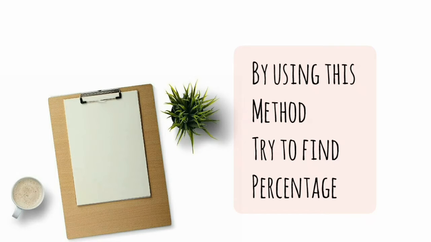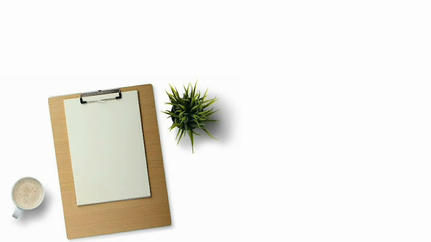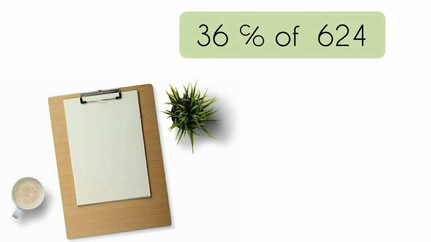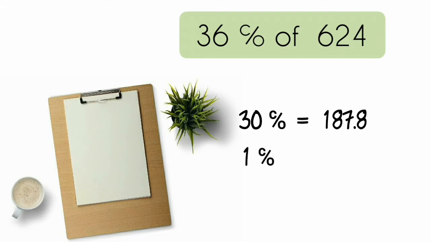Let's take an example of this. We have to find 36% of 624. We split the 36 into two different numbers. First we find the 30% of 624 and then 6% of 624. 10% is 62.4. We multiply it by 3 and we get the 30%. 1% is 6.24.